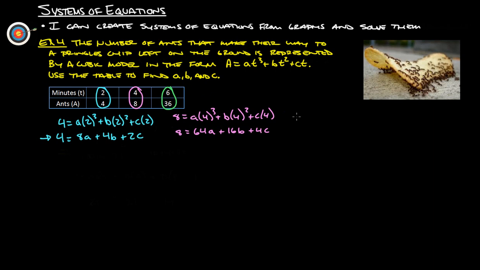So we get, let's see, 36 is going to equal a times 6 cubed plus b times 6 squared plus c times 6. Okay, so we get 36 equals 6 cubed.